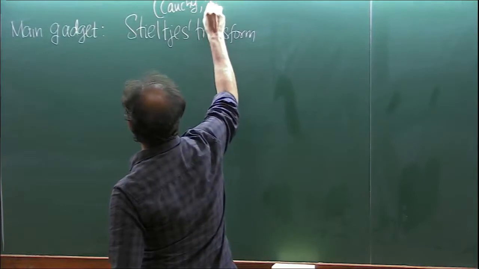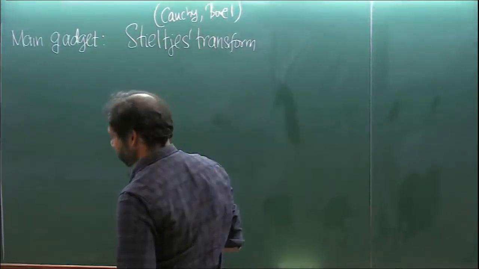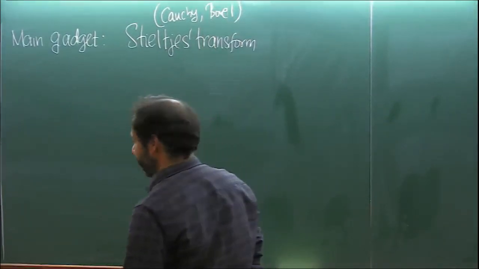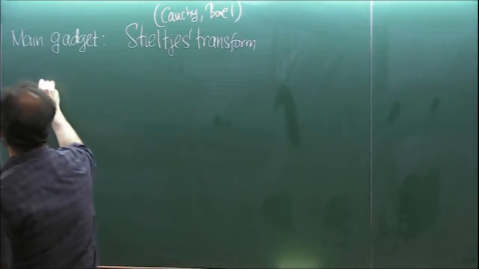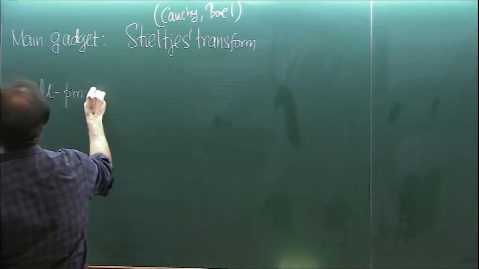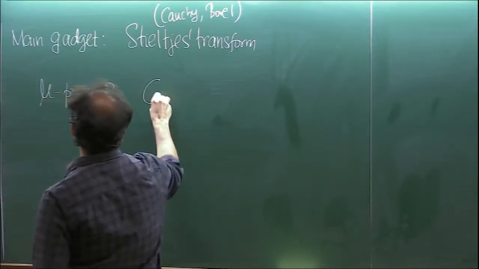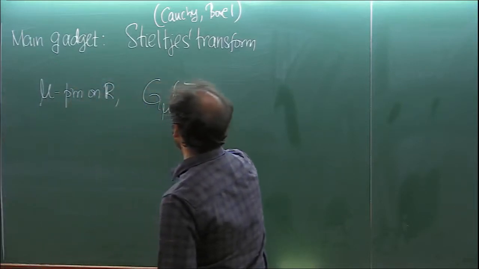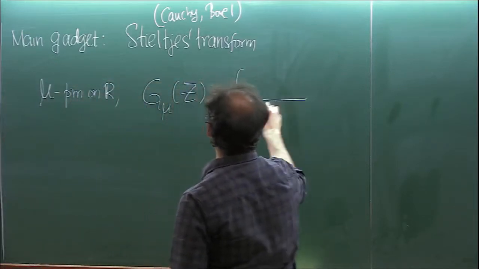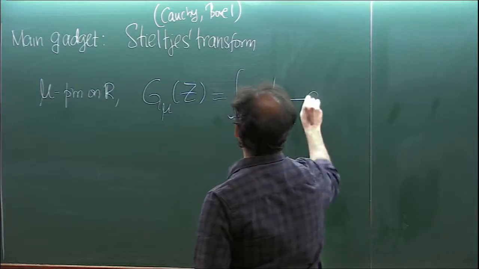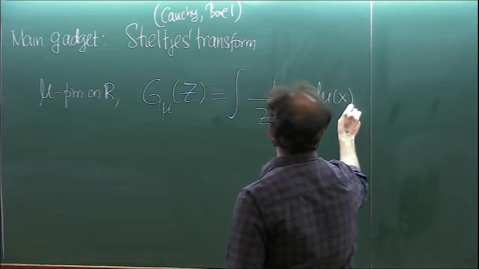Some people call it the Borel transform, and there are many others who call it other things. What is it? If mu is a probability measure on R, then the Stieltjes transform is defined as the integral of 1 over z minus x d mu of x.